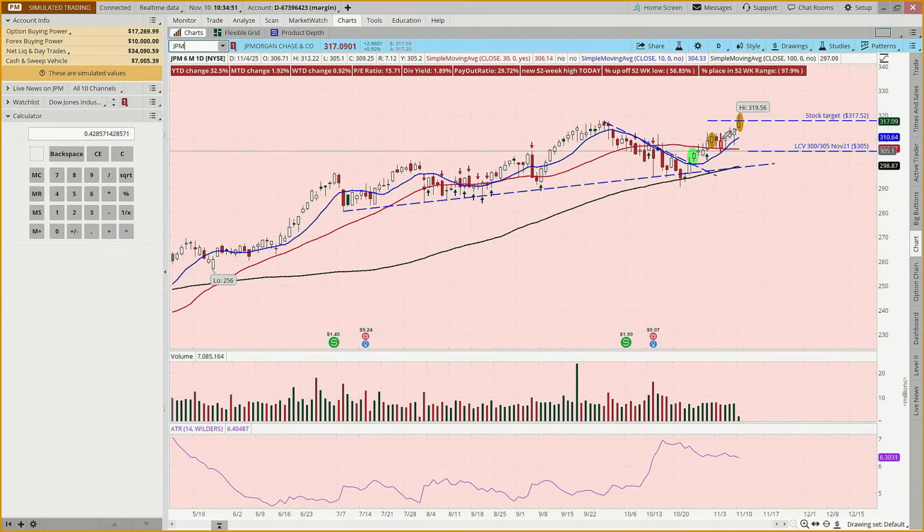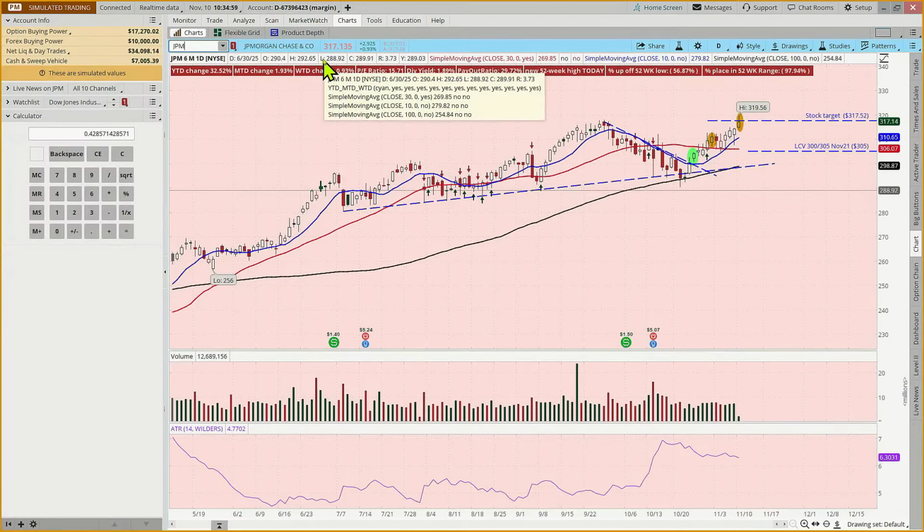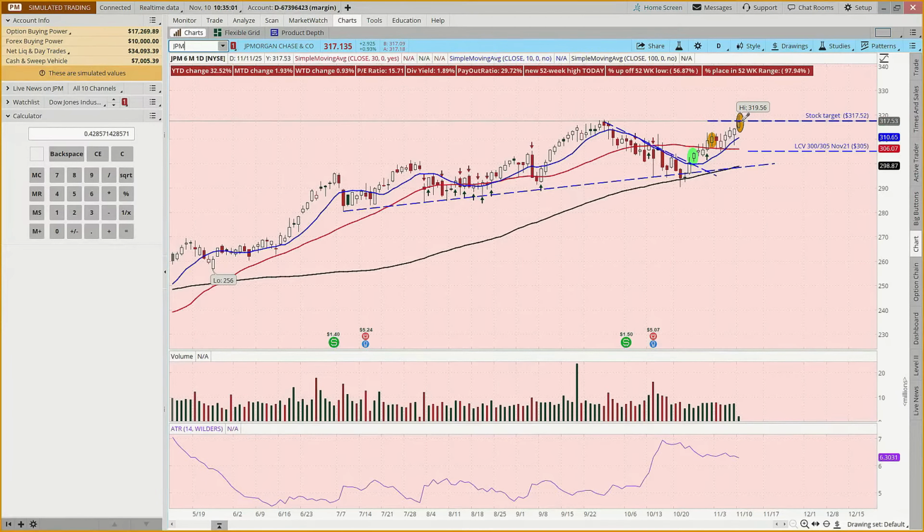And then we also bought some shares of stock. This is an expensive stock, so we didn't buy very many, but we bought $5,000 worth, and that hit our target today. Our target was 317.52, which was the previous high. I'm surprised that I put the 2 in there. It's usually a round number, but regardless, it hit our target today.